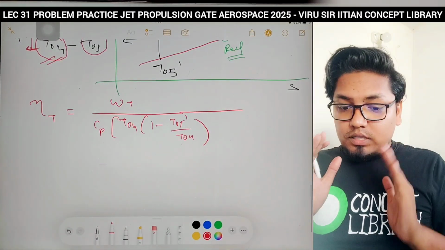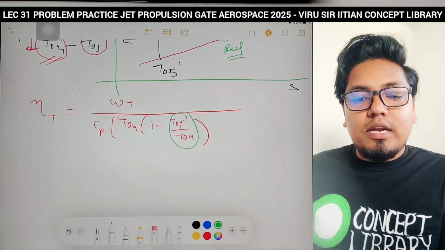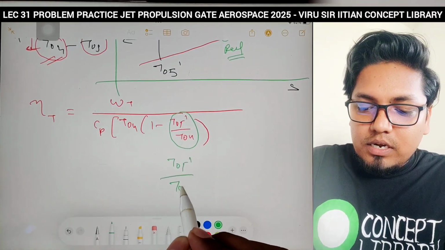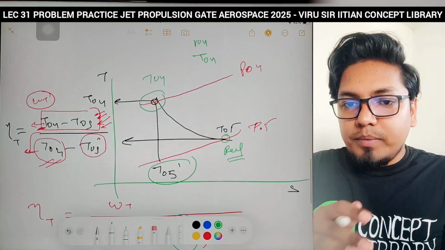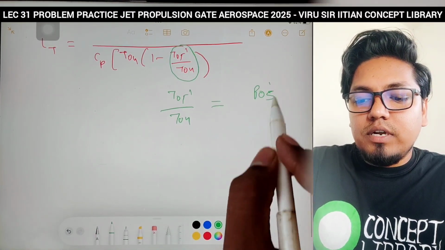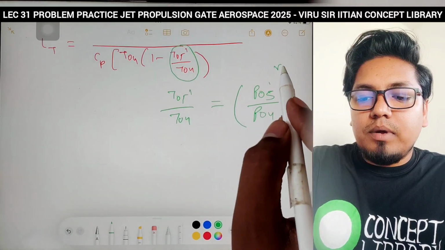Fundamentals are important, otherwise you'll make mistakes. Then this part you can replace with pressure. How? T05 dash and T04 fall on an isentropic line, so you can write it as P05 dash divided by P04, whole power gamma minus 1 by gamma.